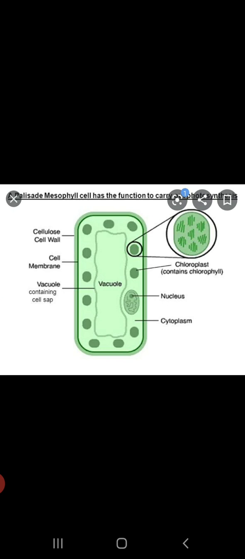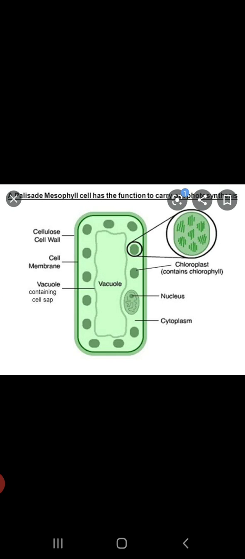In the leaf that we have seen, mesophyll cells are present. And these are long, elongated in shape, which allows more chloroplasts to be present inside the cell and helps in which process? Photosynthesis, right? So these were the different shapes of the cells, which are also related to their function.